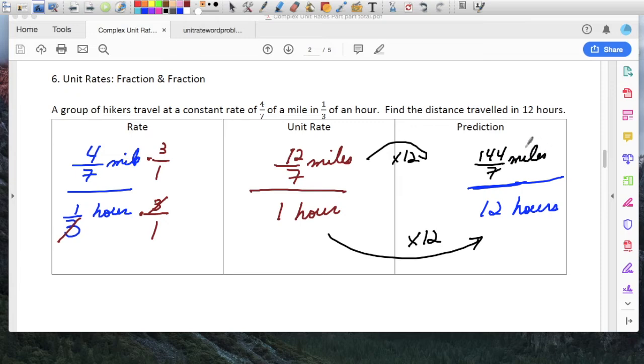And we can change that to a mixed number. And that's going to be 20 and 4/7 miles. So that group in 12 hours can travel 20 and 4/7 miles. So we can write that as another way. But if you left it like this, that would have been fine too.